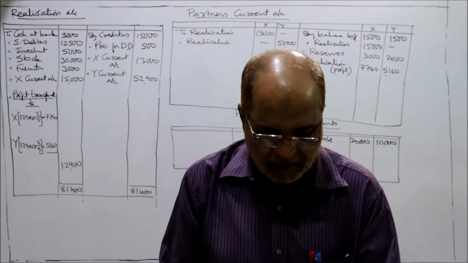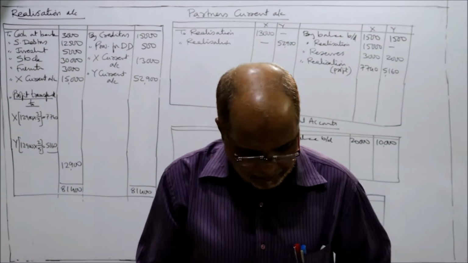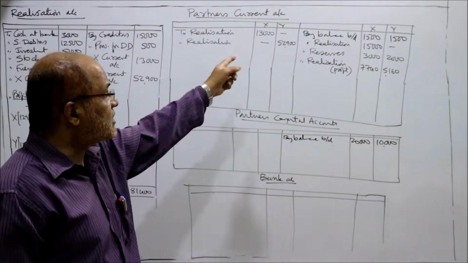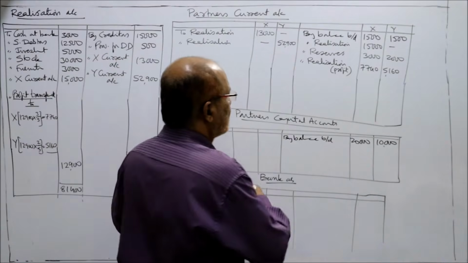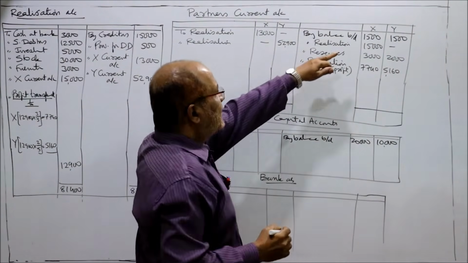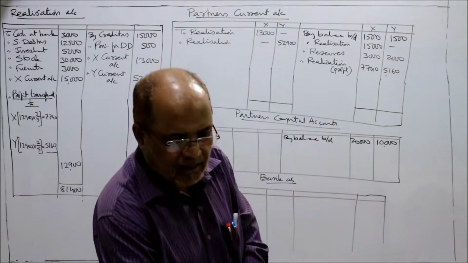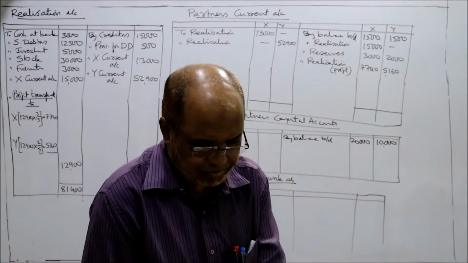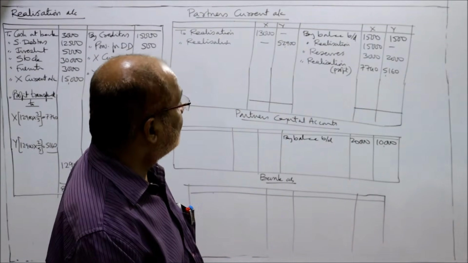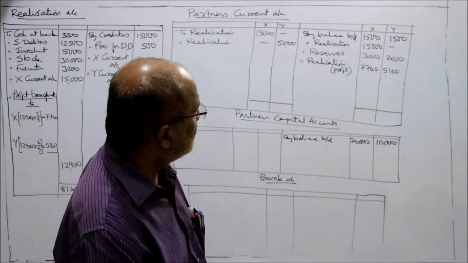Now the next entry after that. Now we have to close the current accounts and transfer the balance to the capital account. Now look carefully. X current account credit side: 1,500, 15,000, 3,000, 7,740.